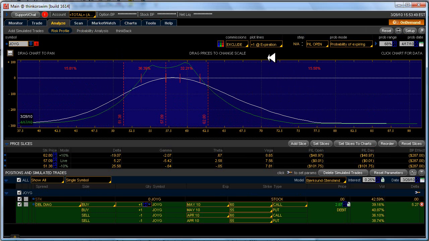Even though it's telling me that one deviation, 62.80 and 51.38, is falling outside of the profit tent, I really think that that's okay. The next thing I'm going to do is show you how to make adjustments on these, and you'll see that it's pretty easy and it works very well.